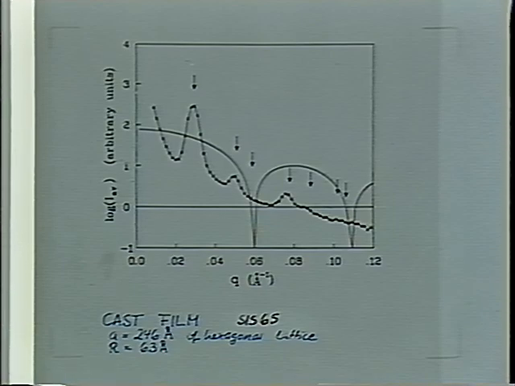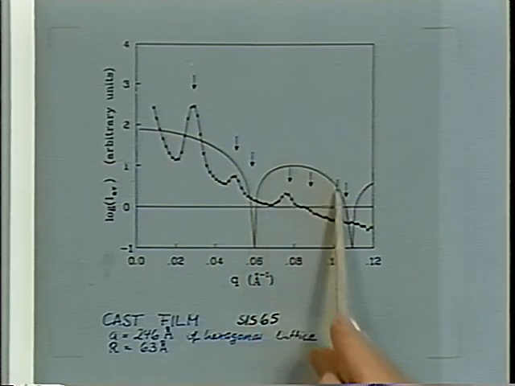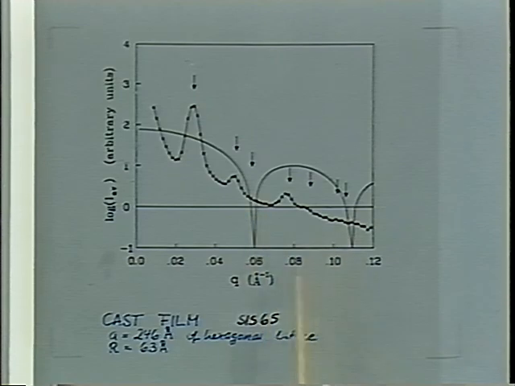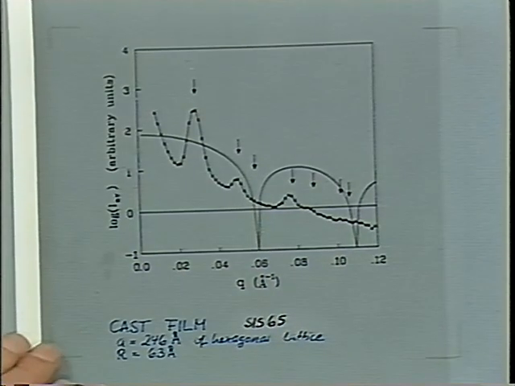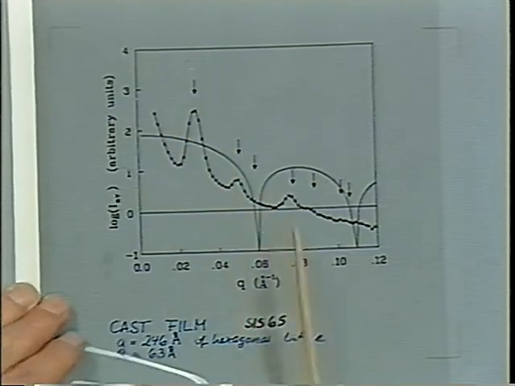This is the disordered sample, just a film cast from a typical sample with cylindrical domain morphology. The cylinders themselves also scatter, and they give a form factor which is drawn here. It gives some local minimum which is superimposed. So when looking here, we won't have any interference with the cylinders themselves.